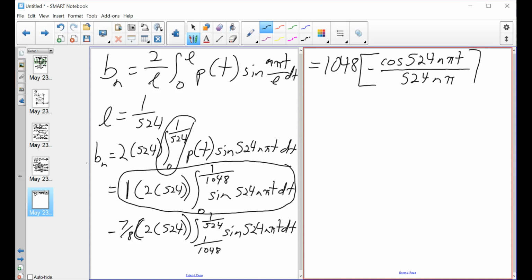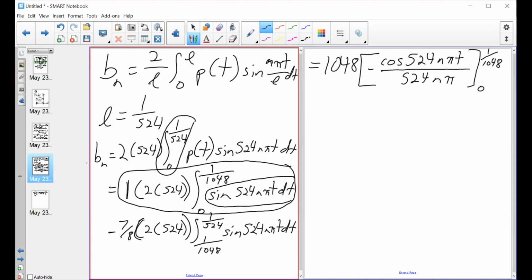Okay, so we box that up into the boundaries from 0 to 1 over 1048. Now, you might be saying to yourself, okay, I haven't had calculus, so do I need to know this, where did this come from and all that other stuff? I'm just giving it to you real straight. This result that we see here is basically the operation of this entire function in here.